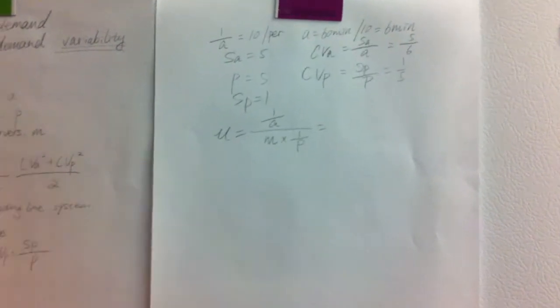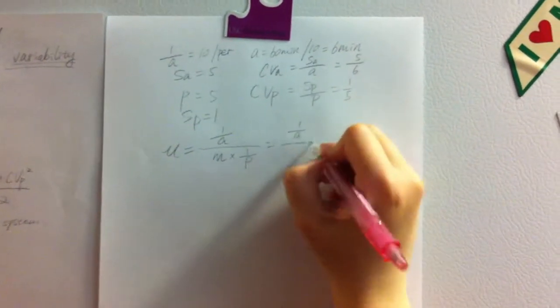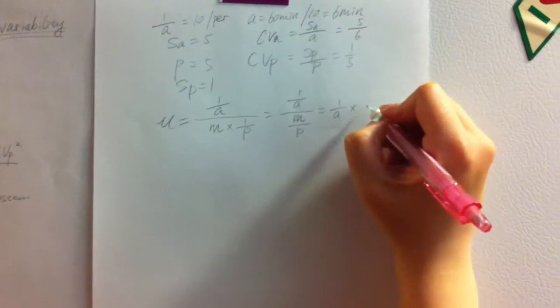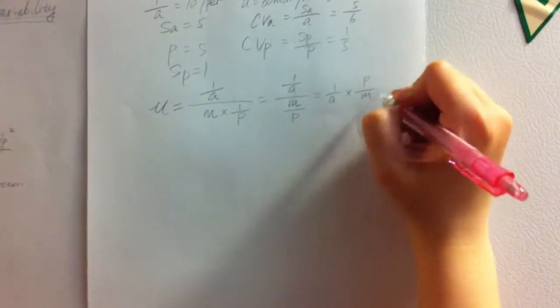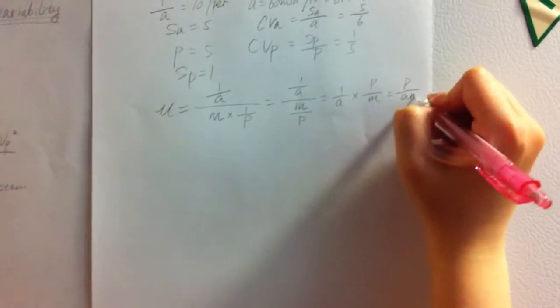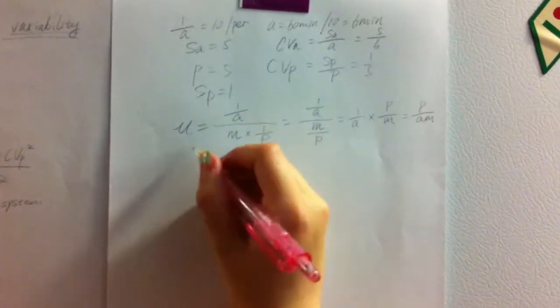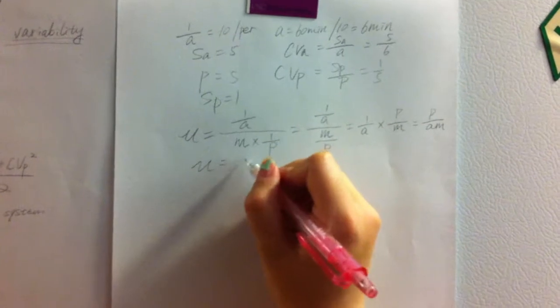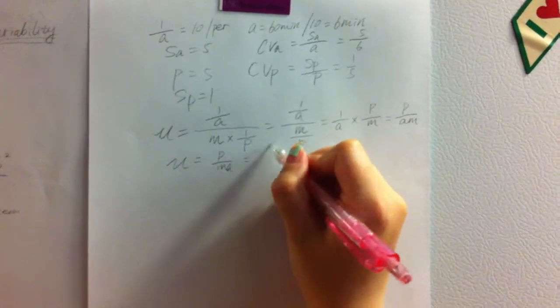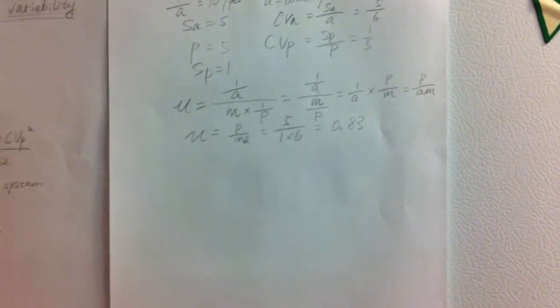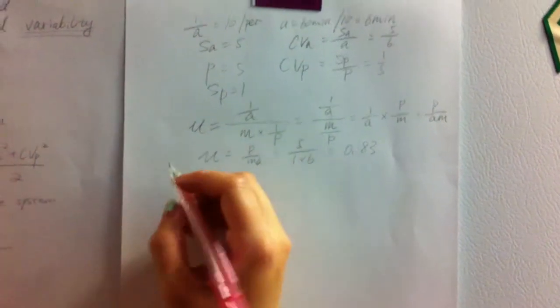Now, if we simplify this equation, it gives you P divided by A times M. Alright, and we plug everything in, and the utilization equals this much. Okay, now let's write the whole equation.